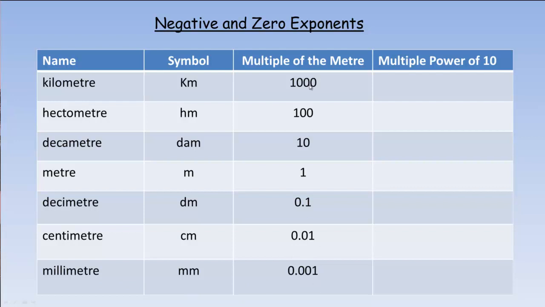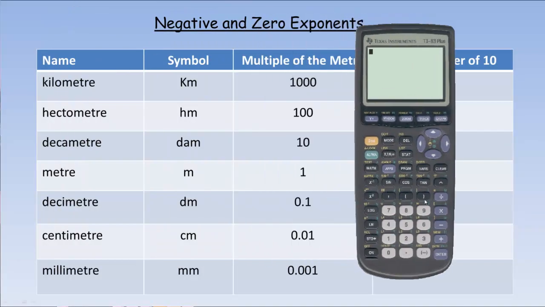And if you go from this number to this one, notice what we're doing is, actually, I'll bring my calculator over here, we're dividing by 10. So if I take that 1,000 and divide it by 10, I get this 100. If I take this 100, divide it by 10, I get this 10 here. 10 divided by 10 gives me the 1 where the meter is.